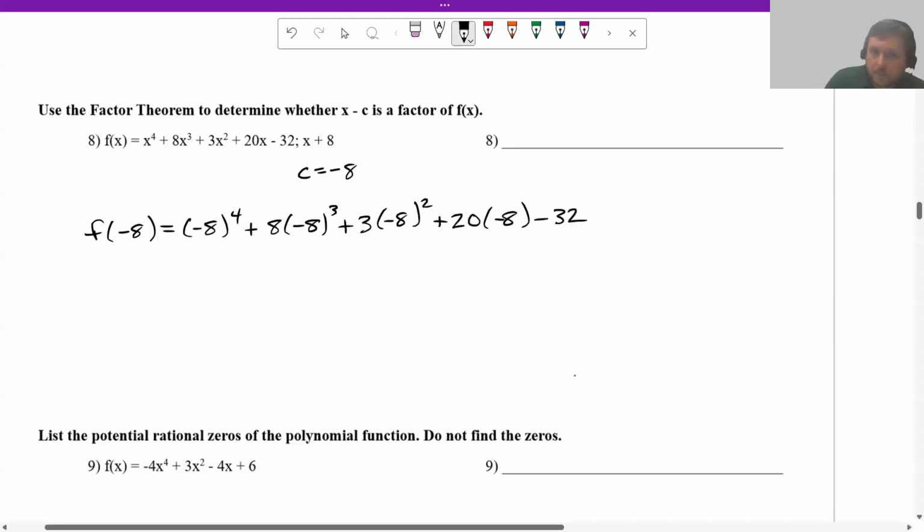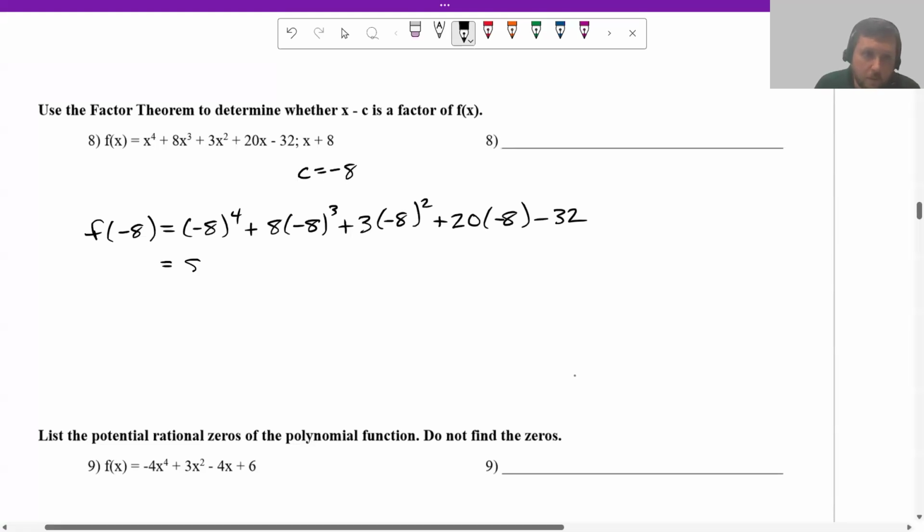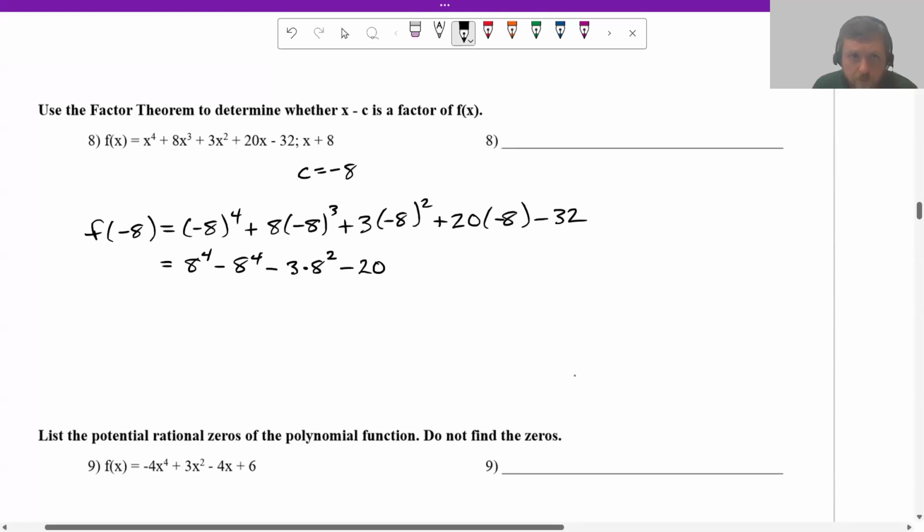Okay, and you can use a calculator to evaluate this if you want. I'm just going to do it by hand. Oh, wait a second, that's plus.